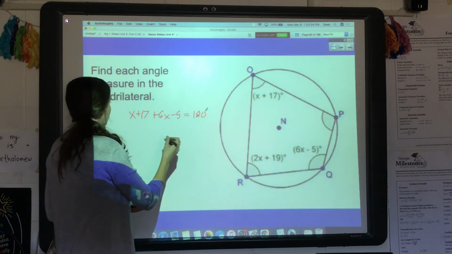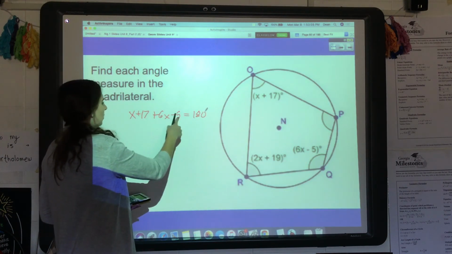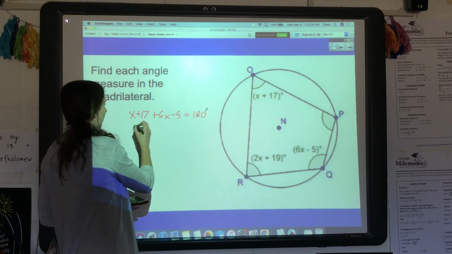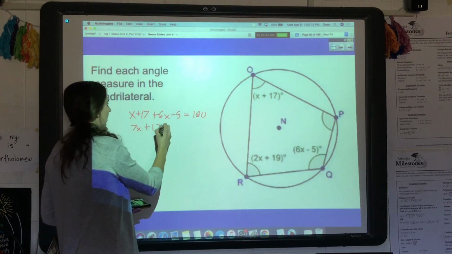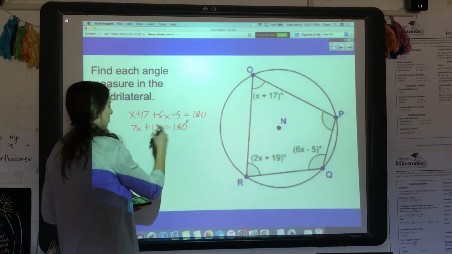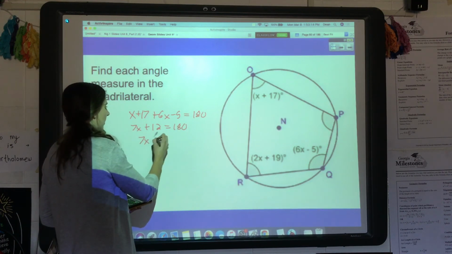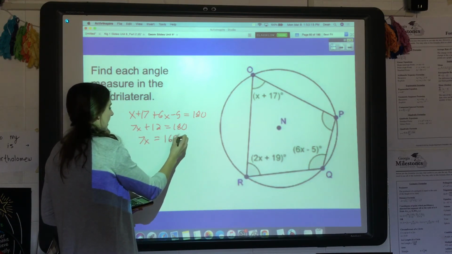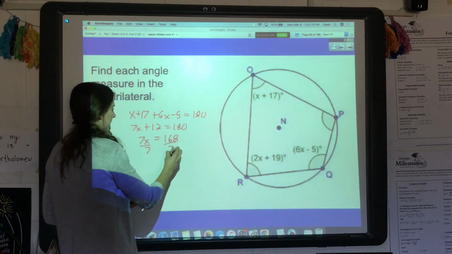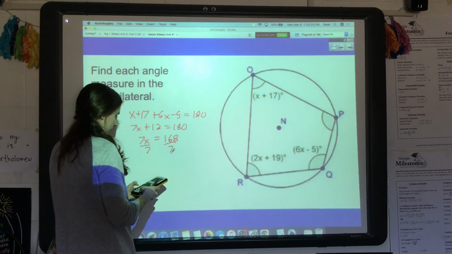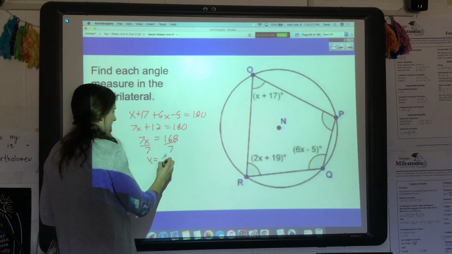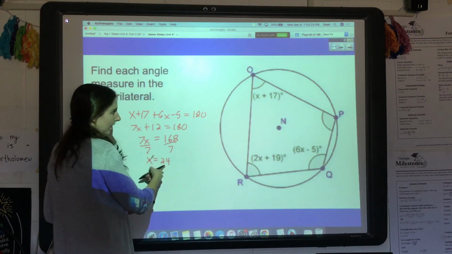So just do a little algebra here. That's 12, and so that's 7x plus 12. And then subtract 12 from both sides. You would get 168, and then divide by 7 on both sides. You'd get 24. That's not the answer, that's just x.